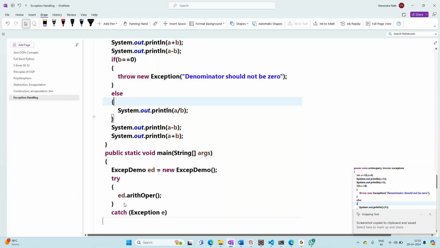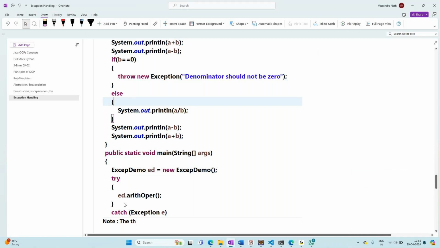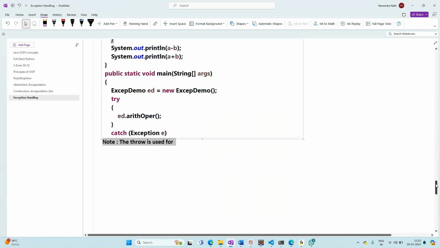So you have to write a small note here. The note is: throw is used for throwing only a single exception.